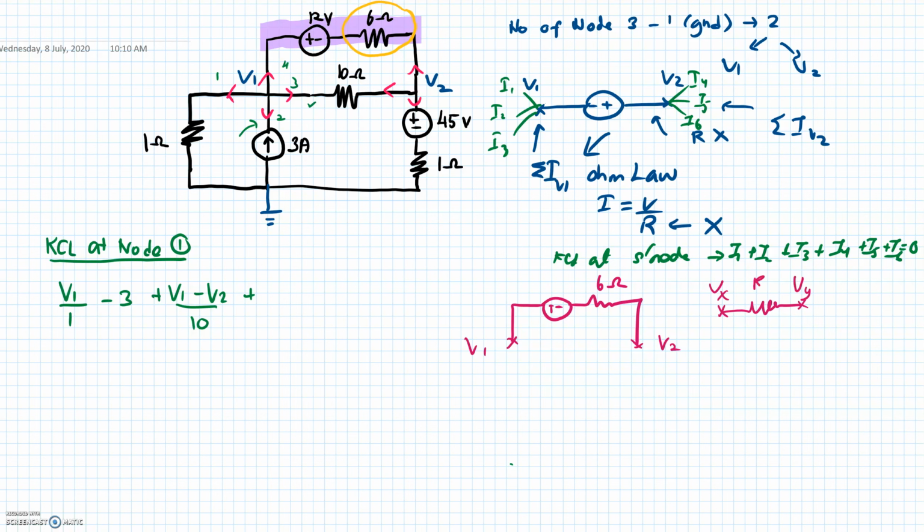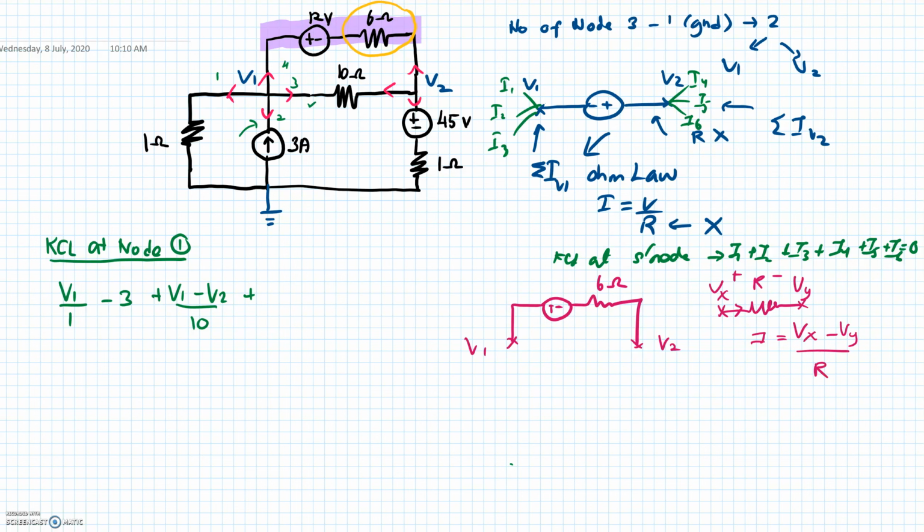If you know the voltage at Vx and Vy, then you can find the value of I. If I need the current that flows from left to right, the polarity will be positive at Vx and negative at Vy. It means that it is Vx minus Vy over the resistor.